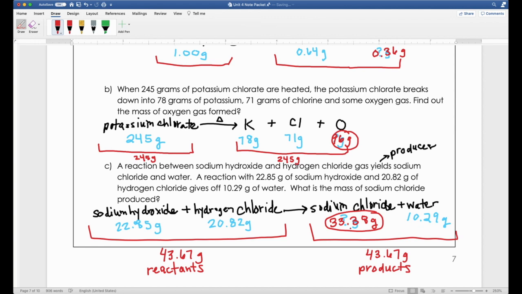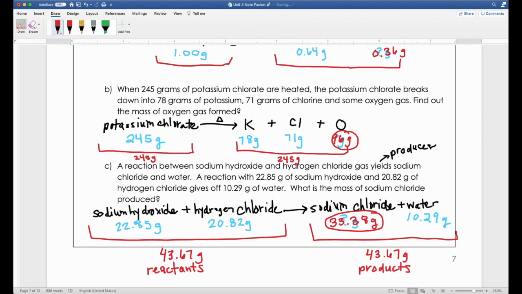And that's because 33.38 grams of sodium chloride reacts with 10.29 grams of water to give us 43.67 grams of products, which must be produced because 43.67 grams of reactants are being used up in this equation. That's the whole very basic idea behind the law of conservation of mass.